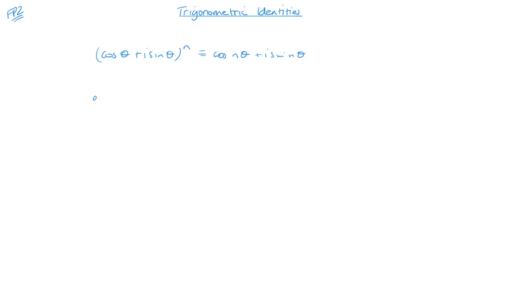So this is going to be used in conjunction with, if you remember back to P2 where we did binomial expansion.